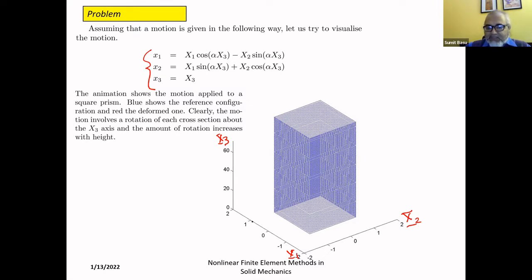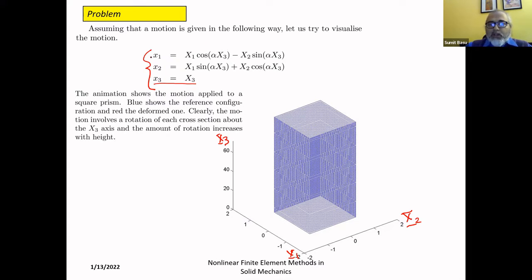So x3 gives the height of the rectangular prism, and at any time a point remains at the height it was in the undeformed configuration. So small x3 is always equal to capital X3. Now, small x1 and small x2 are obtained by rotation of capital X1, capital X2 by an angle alpha x3.